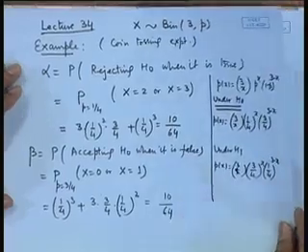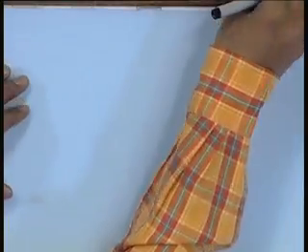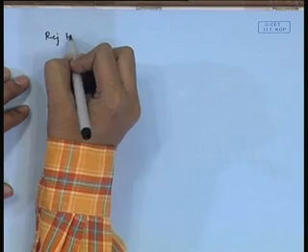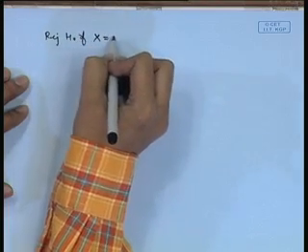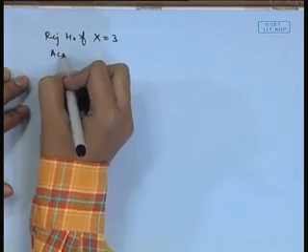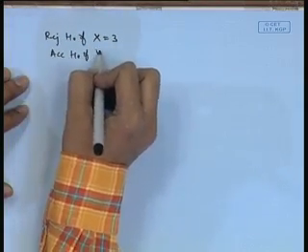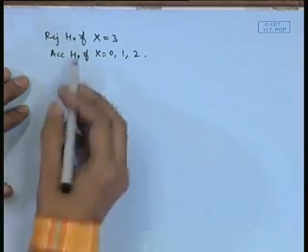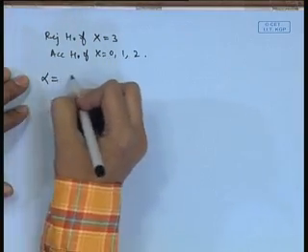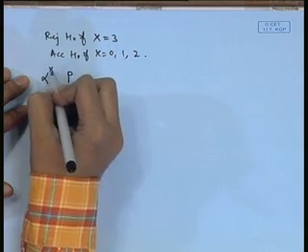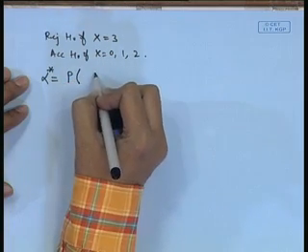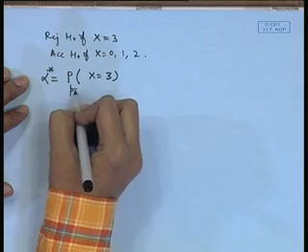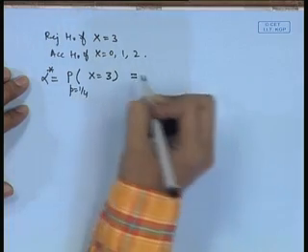Now you see, suppose we try to reduce alpha. We may try to reduce alpha by taking another test. So, suppose I say reject H naught if x is equal to 3, accept H naught if x equal to 0, 1 or 2. Now, let us see what is the value of alpha. Let me call it alpha star, that is the probability of x is equal to 3 when p is equal to 1 by 4.